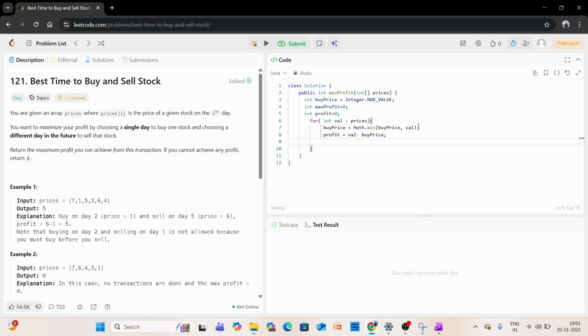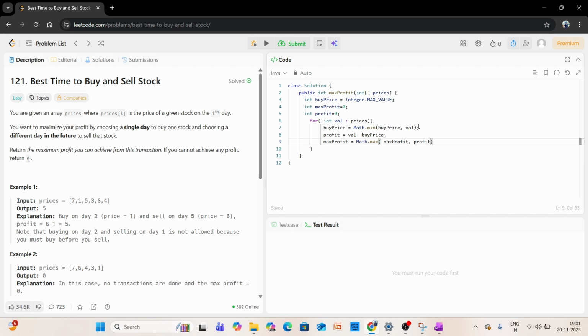After this, we need to update our max profit. Here we need to use the max function because we need to calculate the maximum possible value. So it will be either the max profit or the profit which we have calculated currently.